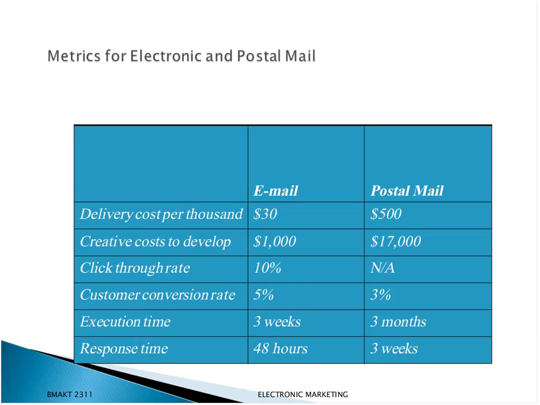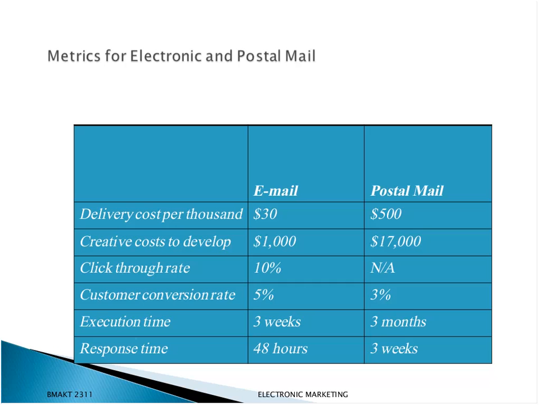Click-through rate: email 10%, while for postal mail there is no available information. Customer conversion rate, from potential customer to real customer: email 5%, postal mail 3%. Very simply, the chance of making a potential customer a real customer through email is 5%, but for postal mail it is just 3%.